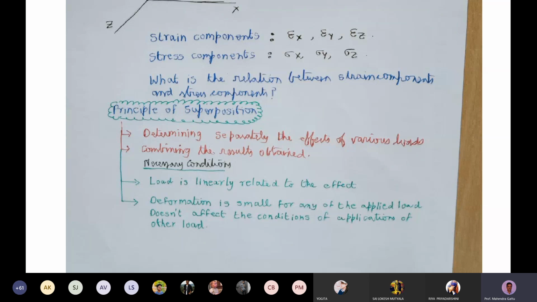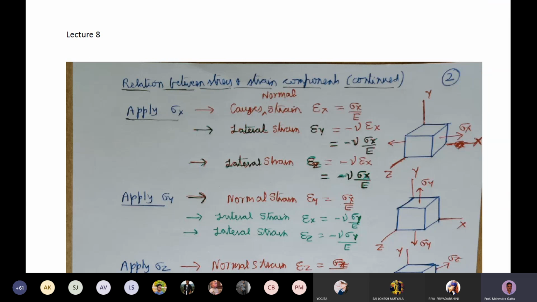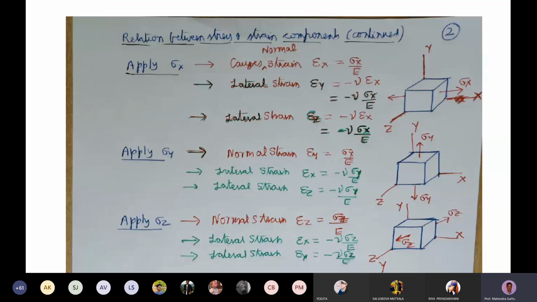So let's apply the principle of superposition now. First we apply only the sigma x stress. So this is our initial cube with side lengths 1, 1, 1, and we are applying sigma x. Under the action of sigma x, the length 1 will deform and it will become 1 plus epsilon x. That epsilon x, the normal strain, is given as sigma x by E. And this body will shrink along the y direction and also along the z direction, because it is expanding in the x direction.